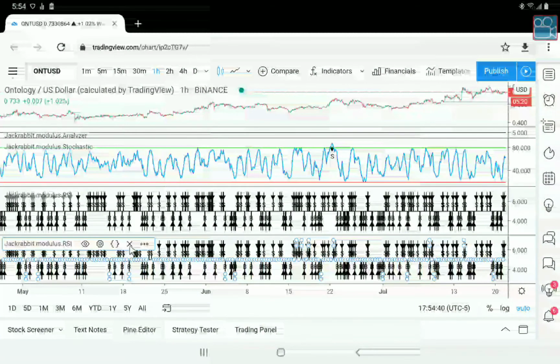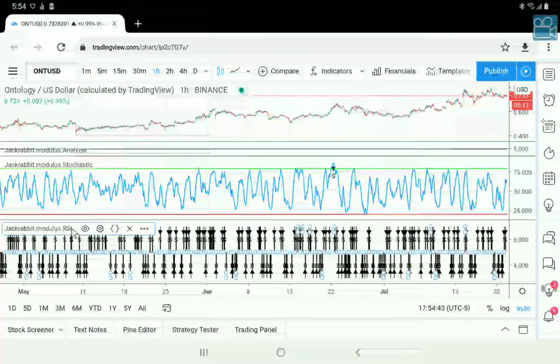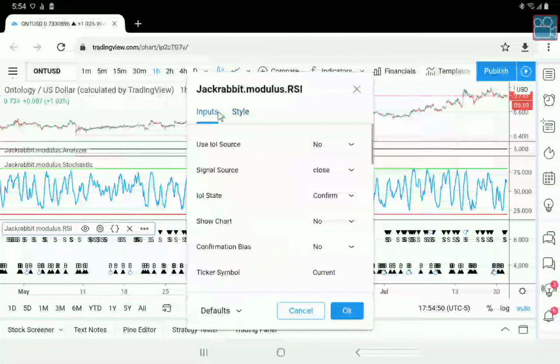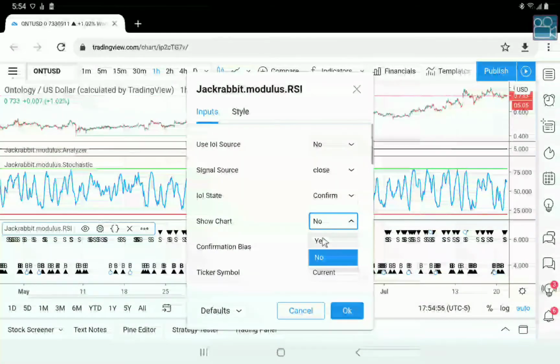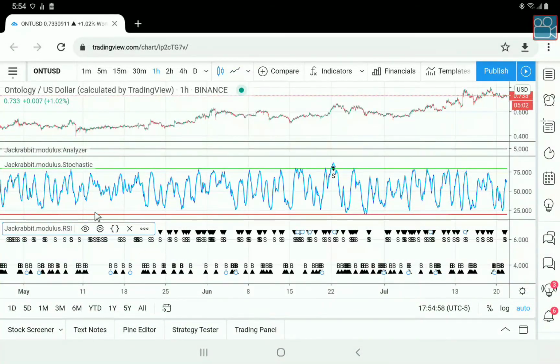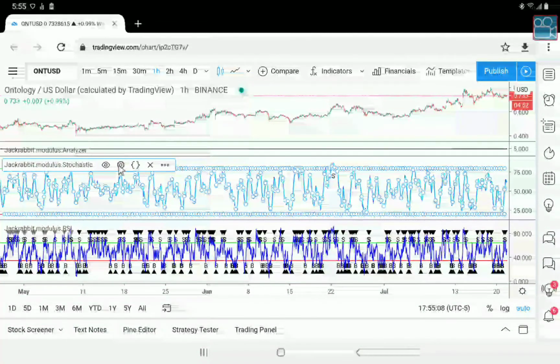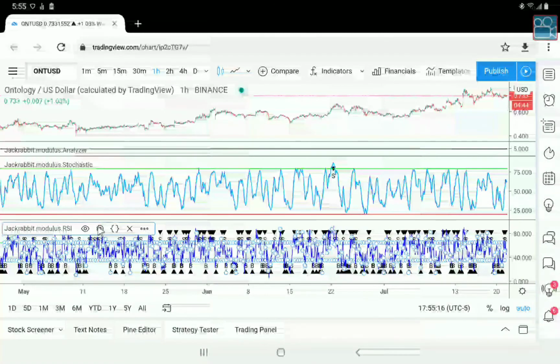We don't want twice. We only want once. Okay, turn off the signal line. Oh, show chart. Okay. There we go. Now let's do a little bit of tuning. Let's have the RSI pull in the stochastic.